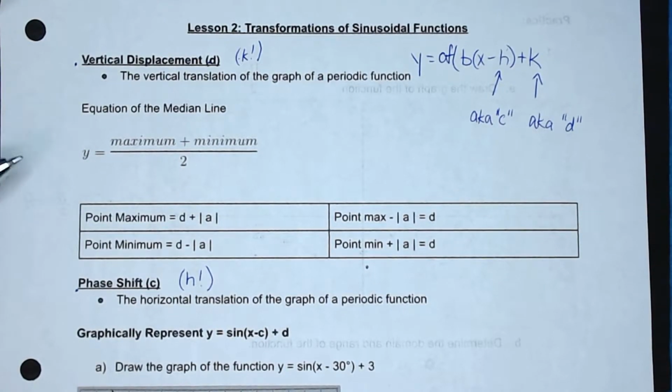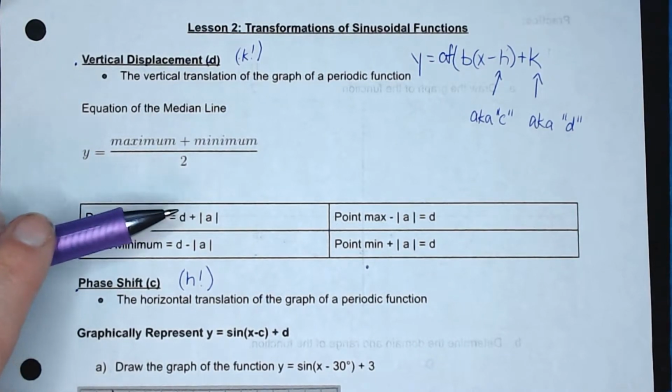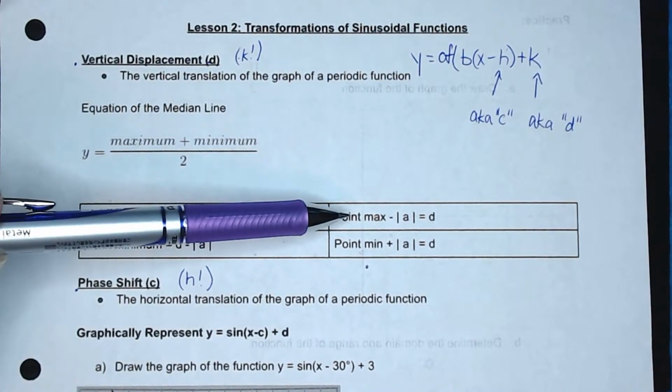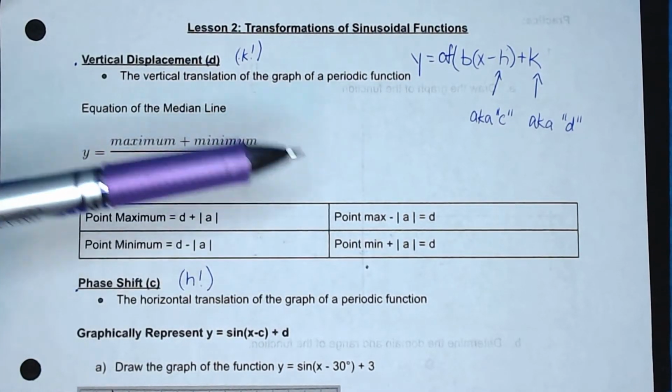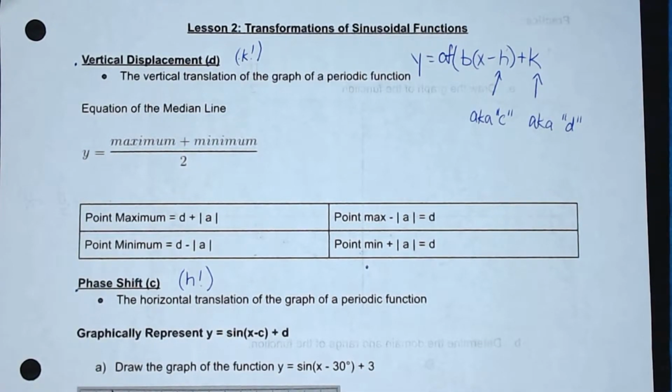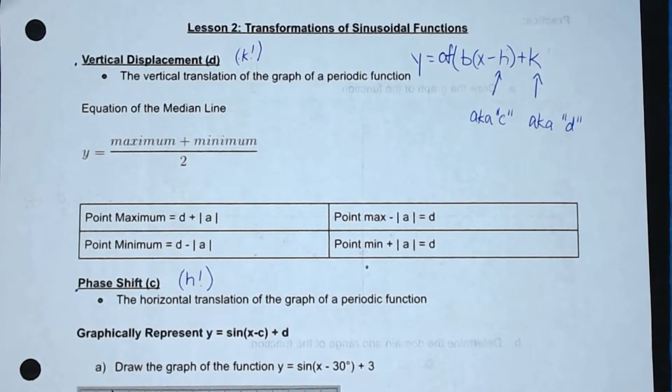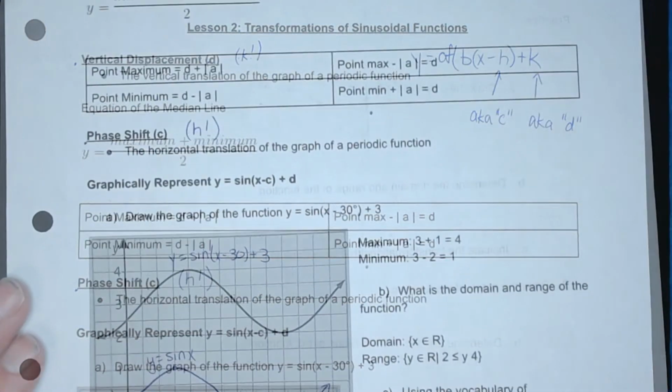If you're solving for the maximum point, it will be equivalent to D plus the absolute value of A, and the minimum point is D minus the absolute value of A. You can also solve for D by taking the maximum or the minimum point and adding or subtracting the absolute value of A. That will also give you D. So there's 3 ways you can find it. You can use that formula right there, y equals max plus min divided by 2. You can find the maximum and minimum points, or you can just visually look at the graph and find the halfway point.